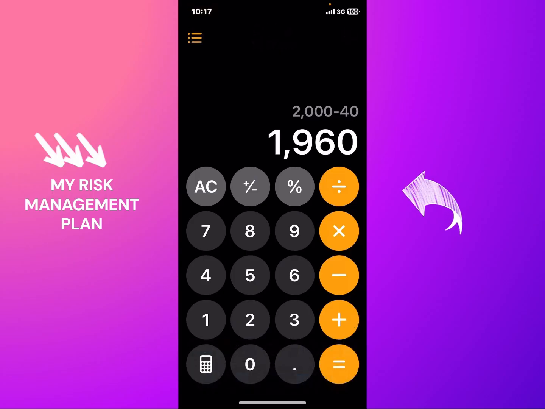My risk analysis is that when I have exhausted the first 25% of the account, then I cut my risk in half.